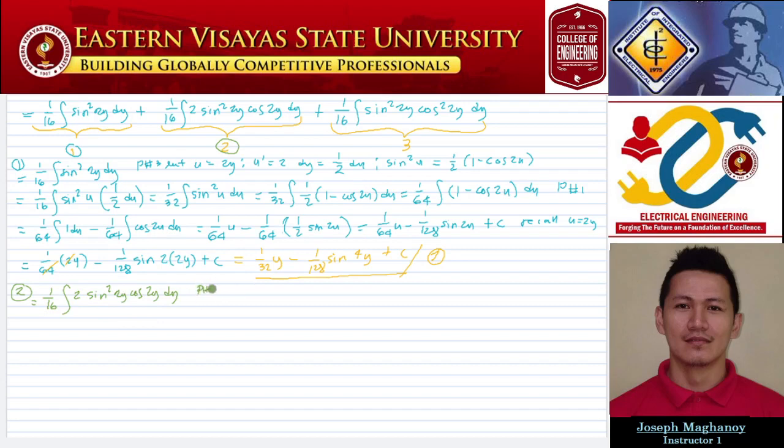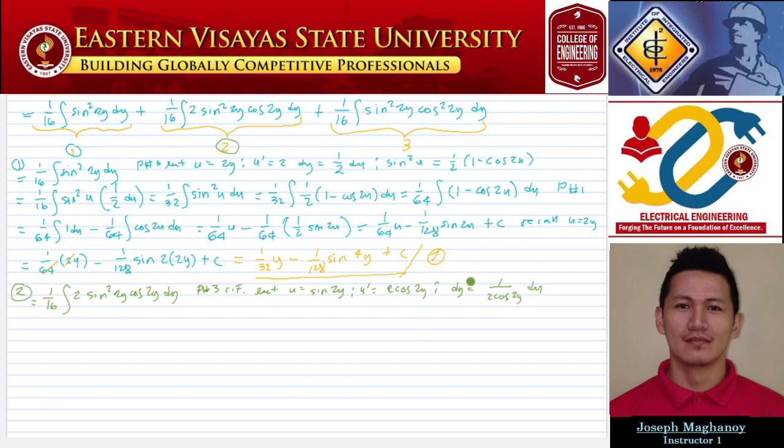So applying our property number 3, we get u equal to sine 2y. If we get the first derivative of sine 2y, that is 2 cosine 2y. Therefore, dy is equal to 1 over 2 cosine 2y du.